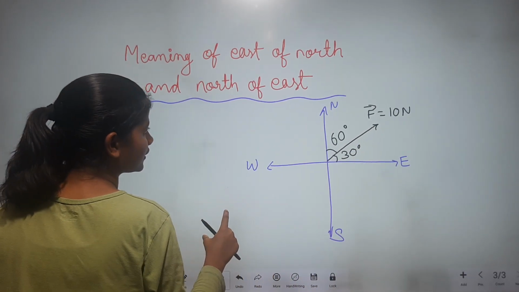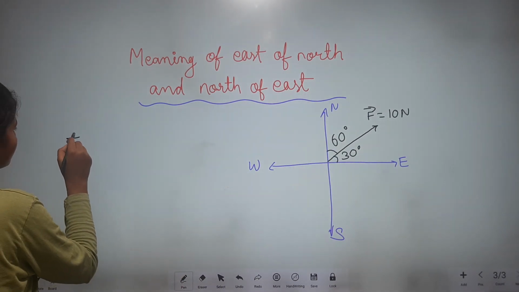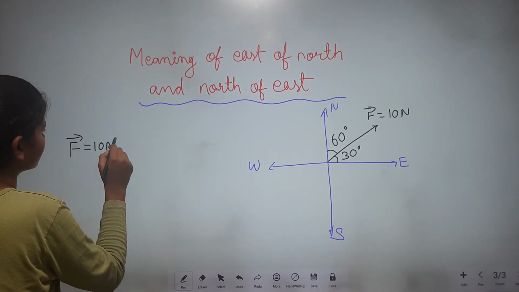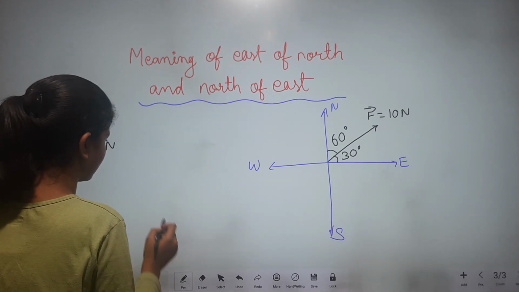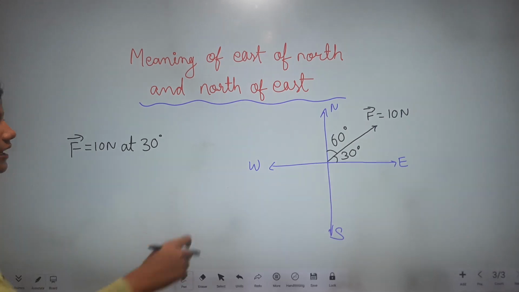So here you can write force is equal to 10 Newton at 30 degree. The one with which the angle is formed is written last.